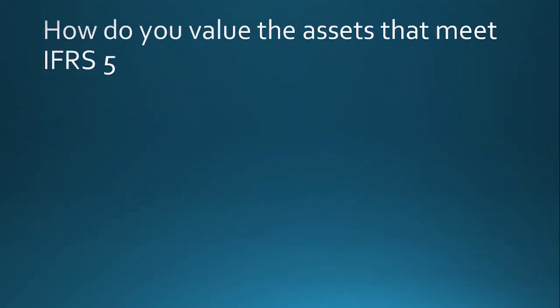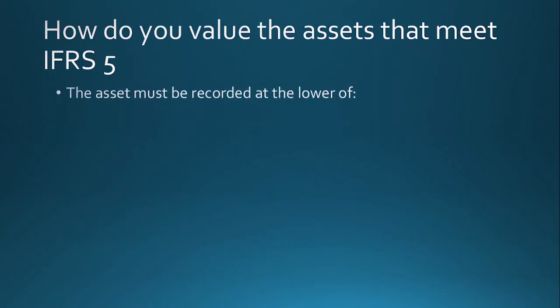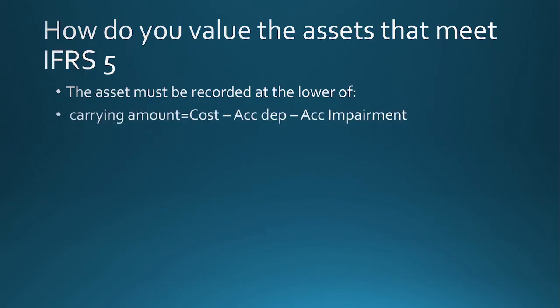So, how do you value the assets that meet IFRS 5? Well, the asset needs to be recorded at the lower of the carrying amount, which you calculate as cost minus the accumulated depreciation minus the accumulated impairment, or the fair value less cost of sale.